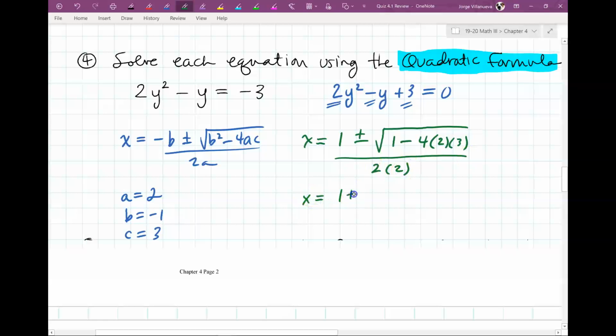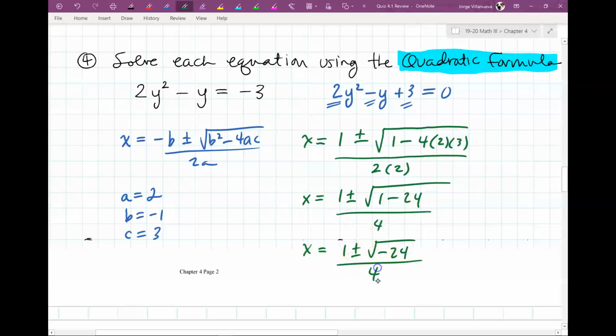I'm doing this kind of quick because I don't think I need to teach you guys how to multiply. I'm trying to get through the review so you have enough time to either relax or ask some questions. So 1 minus 4 times 2, that's 8, so that's 24, and this will be 4 right here. So x equals 1 plus or minus the square root of negative 24 over 4.